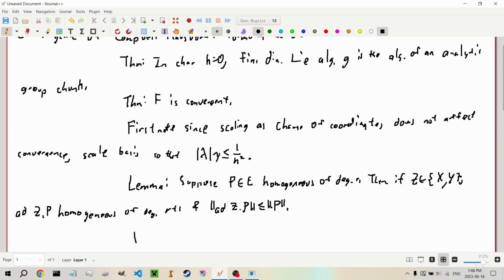Now we use Dynkin's formula, which we reviewed, which we did not review.